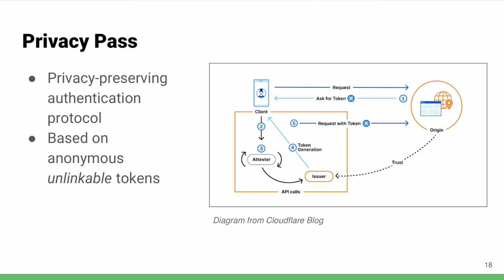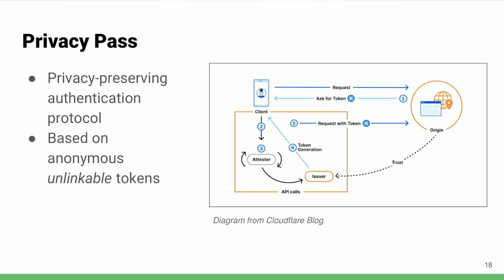The client then has to contact the second entity, the attester, to confirm its eligibility. The attester approves it, and then the third entity, the issuer, generates a token for the client. The client then grabs the token, sends it to the origin, and the origin verifies it without contacting the issuer in real time, just using the public keys published by the issuer.